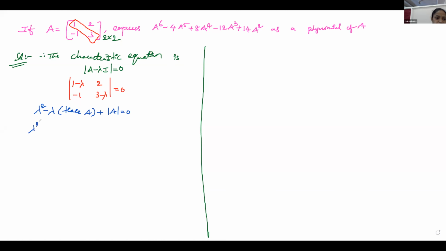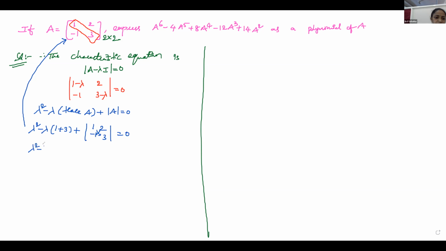So lambda square minus lambda into trace A. Trace A is 4, because the diagonal elements are 1 and 3. What is trace A? Sum of the diagonal elements, so 1 plus 3. Plus det A: 1, 2, minus 1, 3, AD minus BC form.